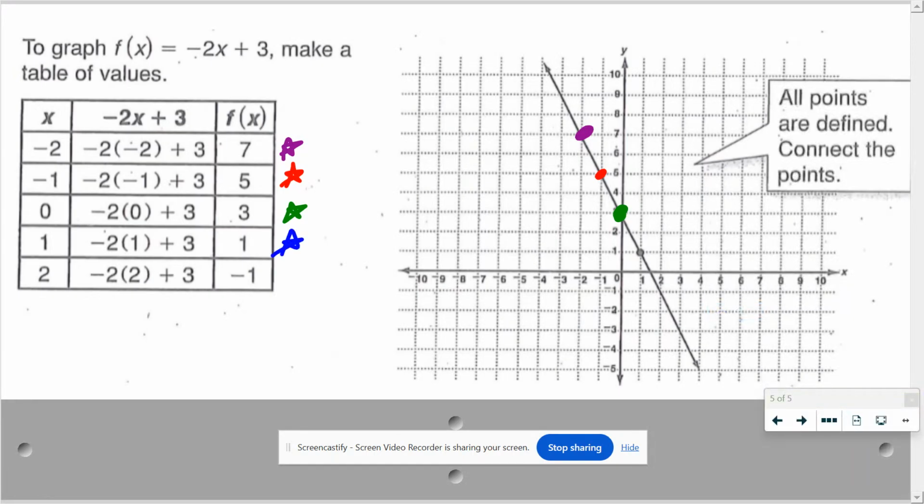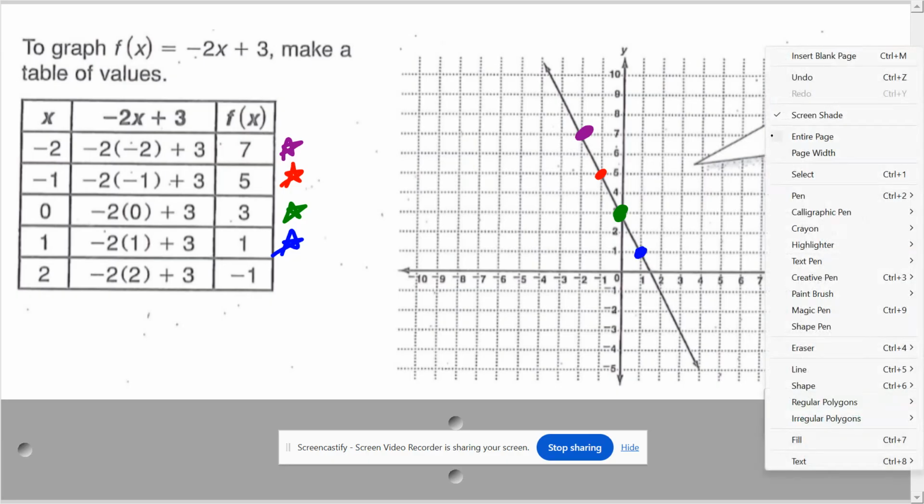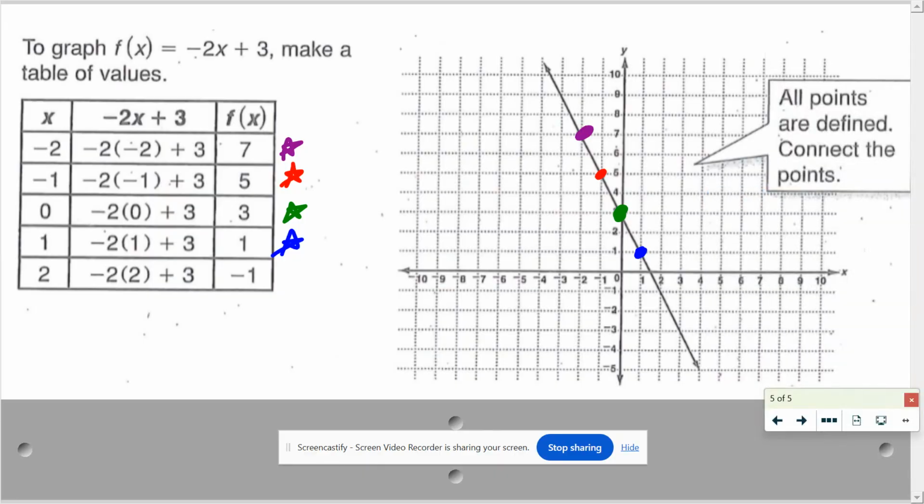We continue the process: 1, when we input it into our function and evaluate, gives a y value of 1, so we can plot that. And lastly, 2 evaluates to -1, so we would plot (2, -1).